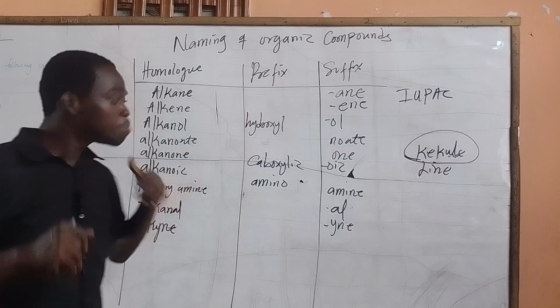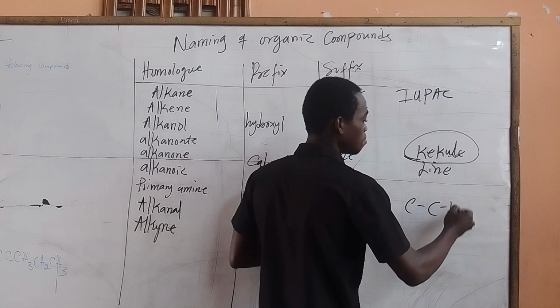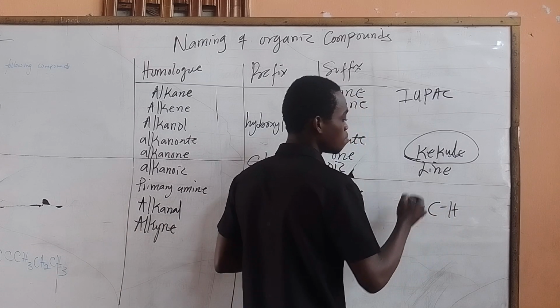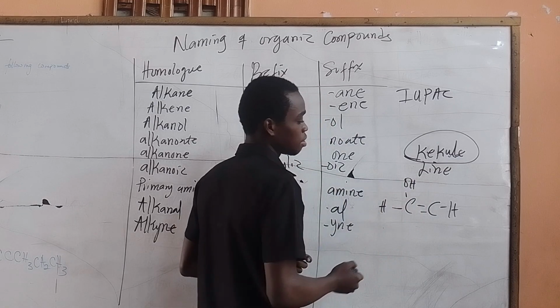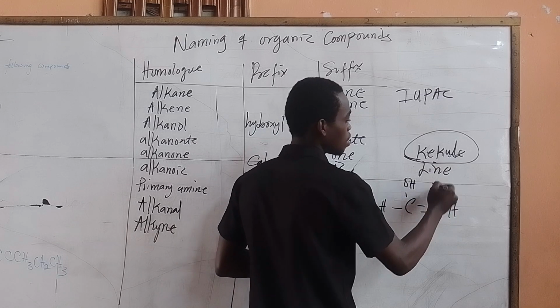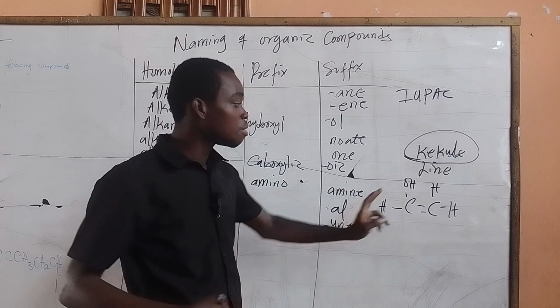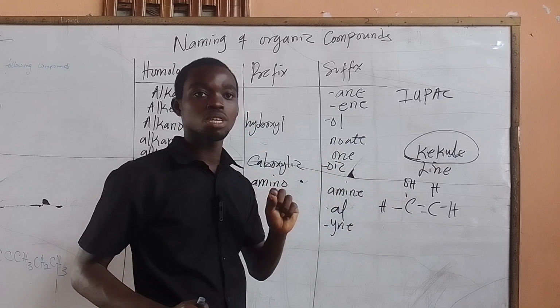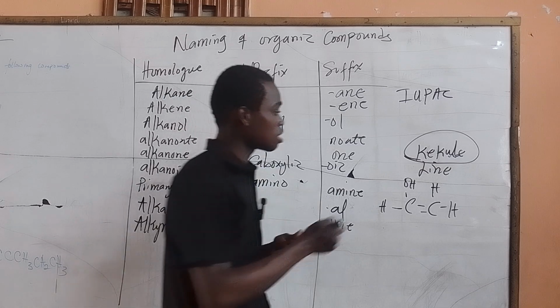This is what I mean. Maybe if I have a compound containing, let's say, a double bond and an ol. If I have something like this, 1, 2, 3, 4, 1, 2. If I have a compound like this, which of them will be the principal substituent? Now, what is the substituent?